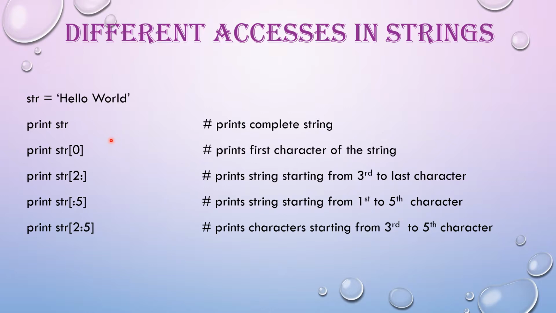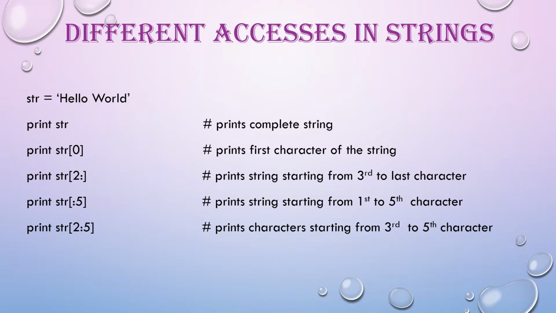Here, the first character is E and the fifth character is O. So it will print E L L O. Now we have print str[2:5], which prints characters starting from the third to the fifth character. So it will print LLO only.